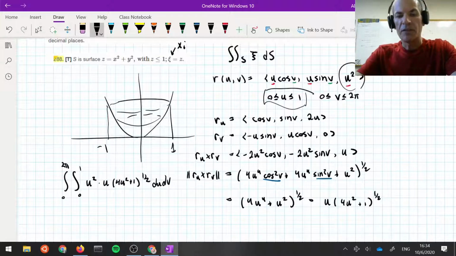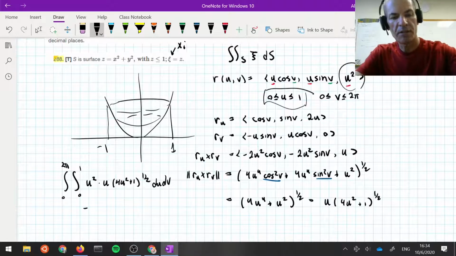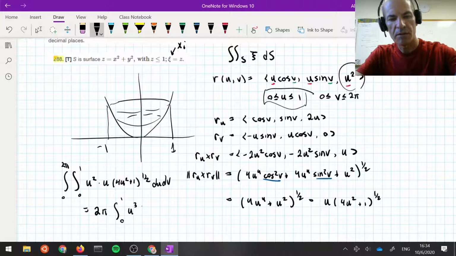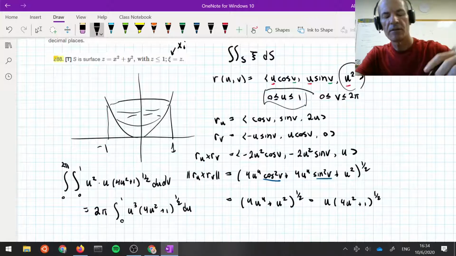There's no v component here, so we can immediately write this as 2 pi times the integral from 0 to 1 of u cubed times (4u squared plus 1) to the 1/2 du.